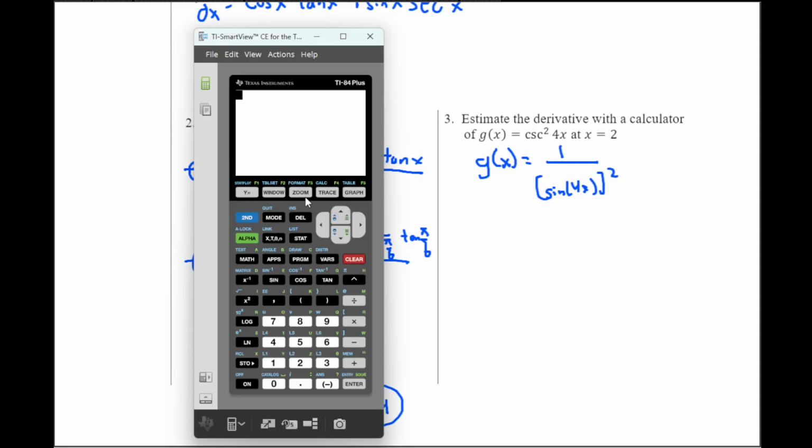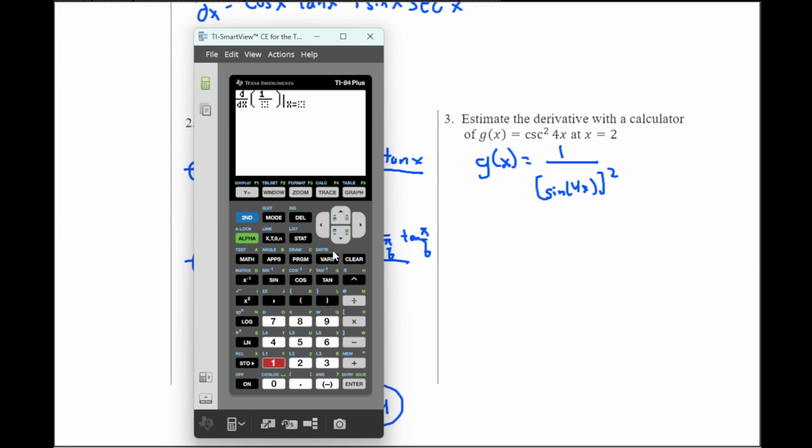So get our calculator out. Math 8 is the derivative. Variable is x. We have a fraction here, so it's easiest if you just enter the fraction. Math, right arrow key up, the n divided by d.